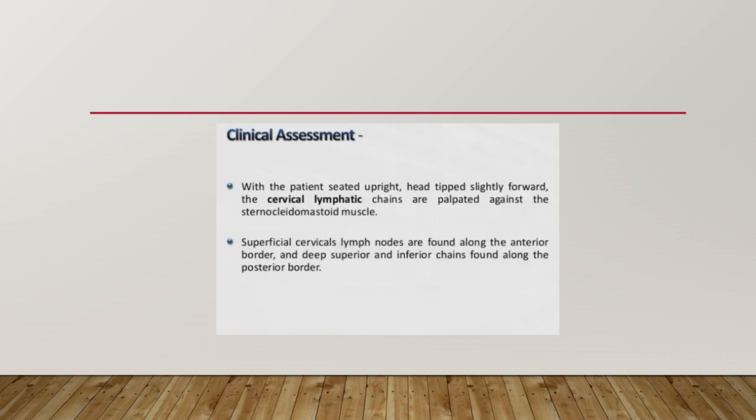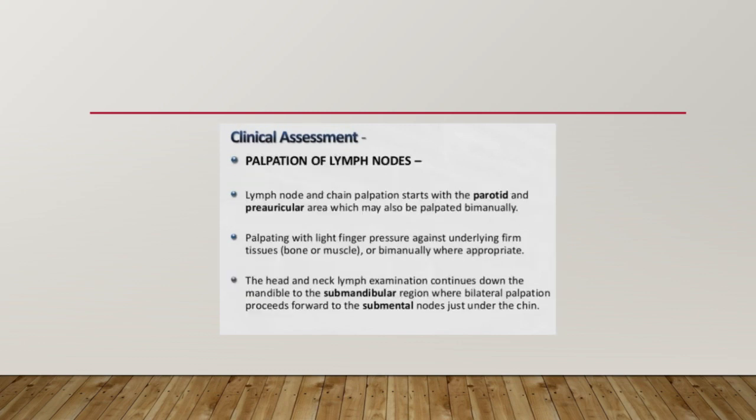The patient position should be sitting upright with head slightly bent forward, and the cervical lymphatic chains are palpated. So, first we start with the parotid and the preauricular group of lymph nodes, then we go along the mandible to the submandibular region, then the submandibular group of lymph nodes.